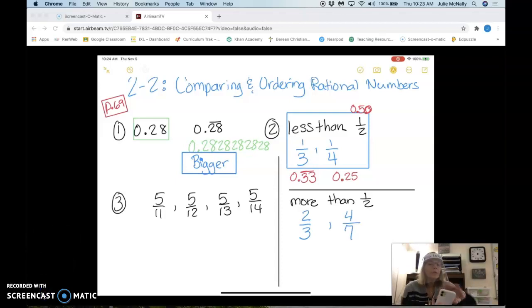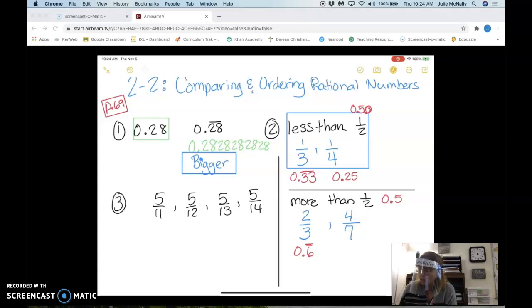So now what I'm going to do is divide all those out just to make sure they are bigger than 1/2. Okay, so we already know from last time that 1/2 is 0.5. 2 divided by 3. Who has their calculator that can help me? And 4 divided by 7.